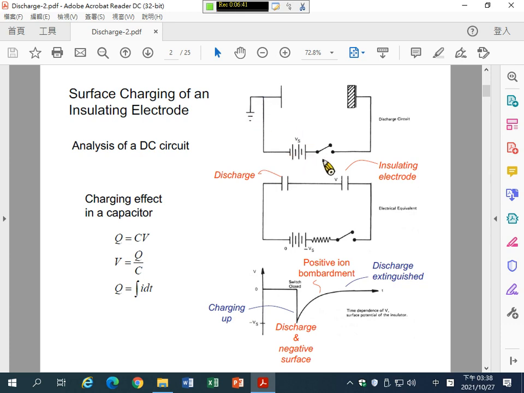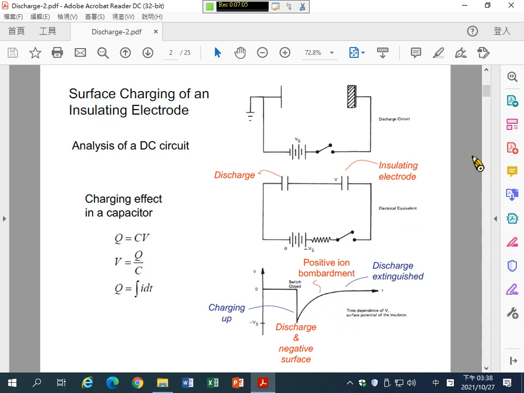Okay, and here is the switch. So this is a basic circuit for a DC discharge system before one strikes plasma. Before the plasma is generated, the circuit looks this way.